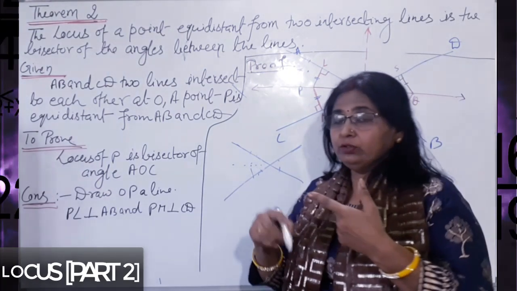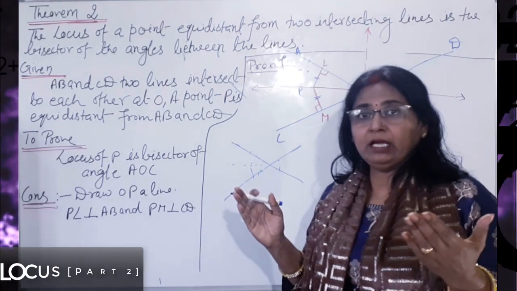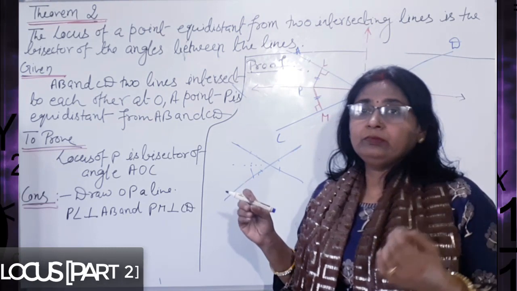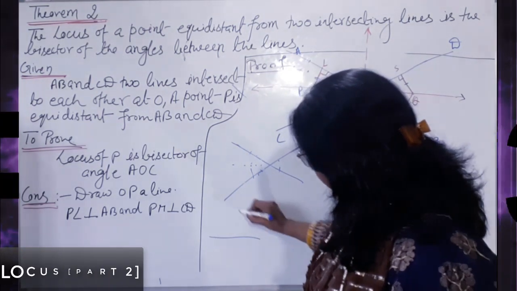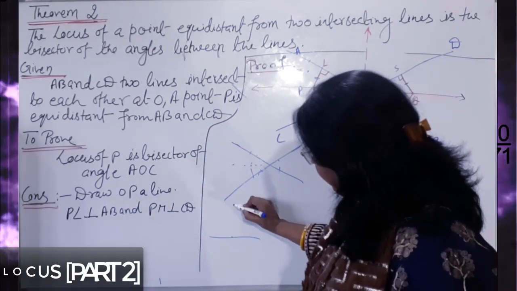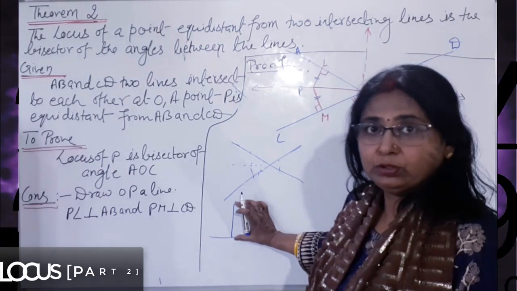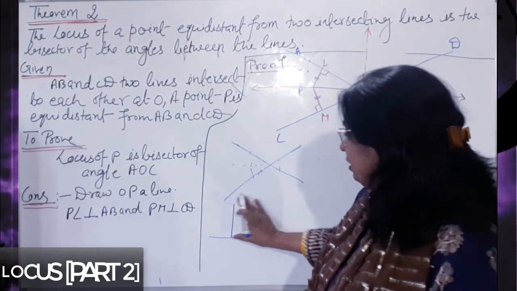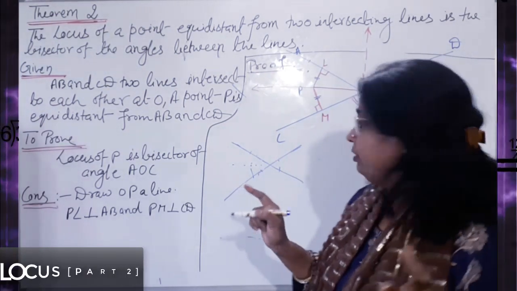To find any distance, as I explained in the classroom, from this point we draw a perpendicular, and that is the distance. The shortest distance between two points is the length between both.